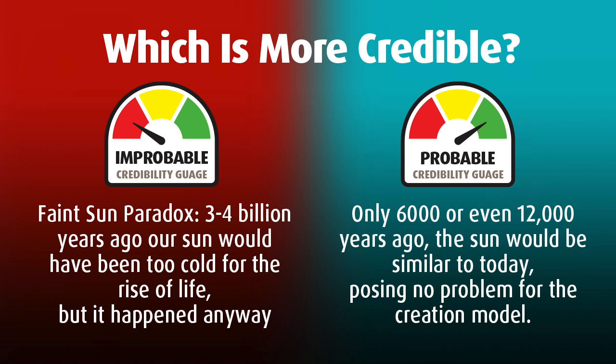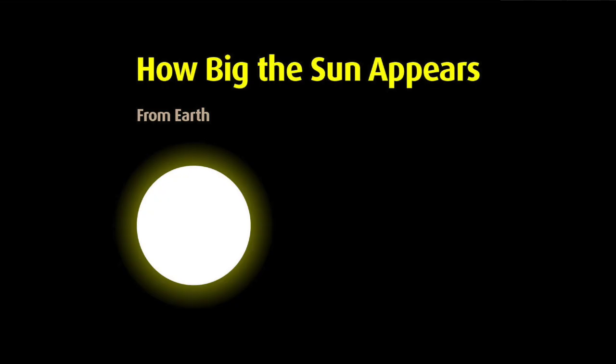Or only 6 or even 12,000 years ago, the sun would be similar to today, posing no problem for the creation model. If this is how big the sun appears from Earth, then this is how big it would appear from Jupiter. As you can see, a lot farther away, providing a lot less warmth.